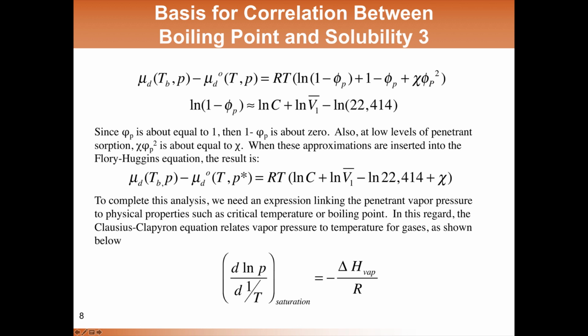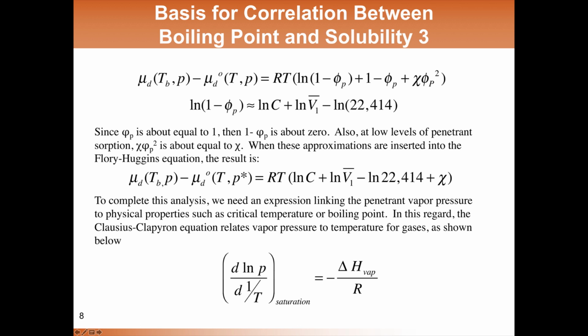Again, there should be a P star here, and we've related 1 minus the volume fraction of polymer, which is the volume fraction of penetrant in the polymer, to the concentration of gas in the polymer, partial molar volume, and this conversion factor. And we now load this expression into the expression here, and after a bit of algebra, we get the result that's shown in the middle of the slide.